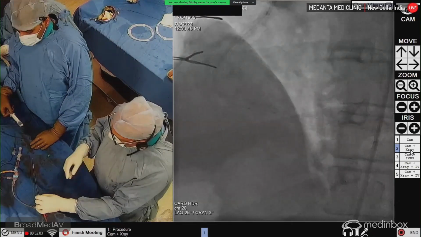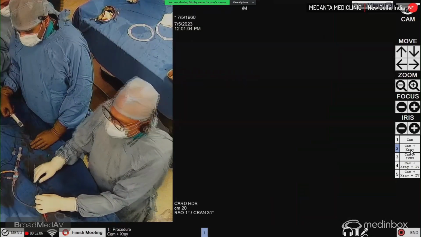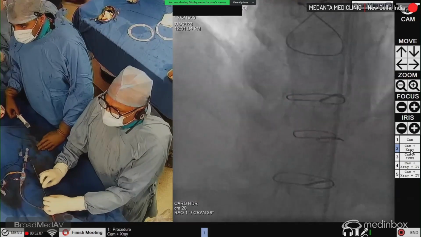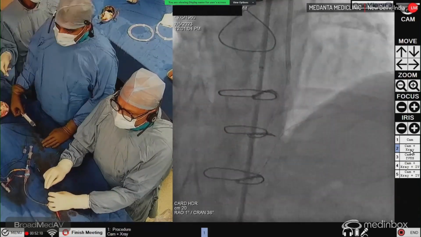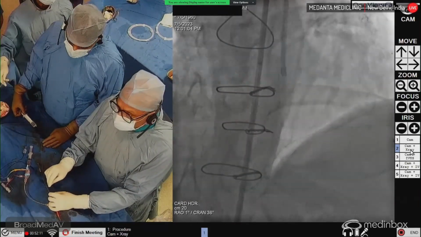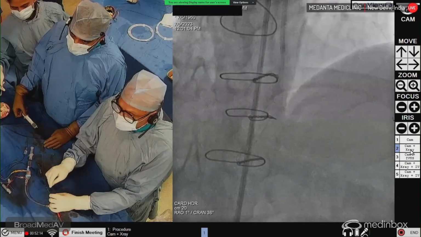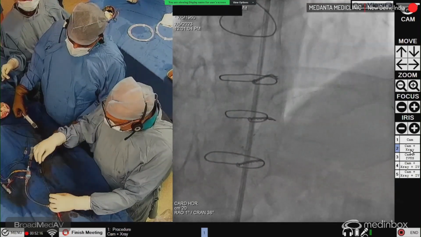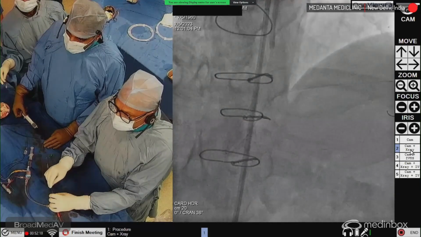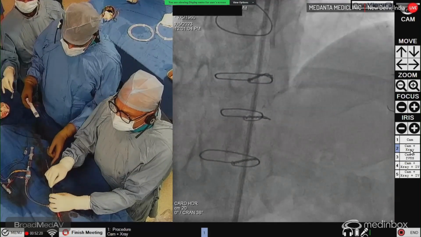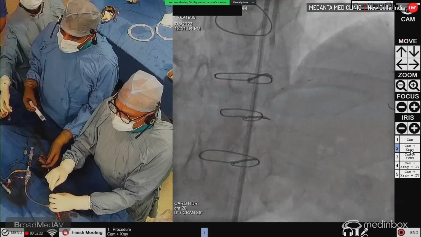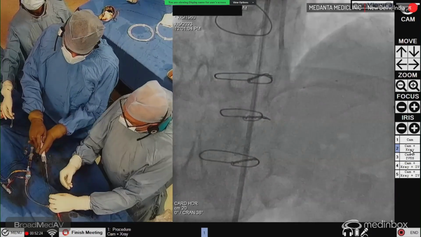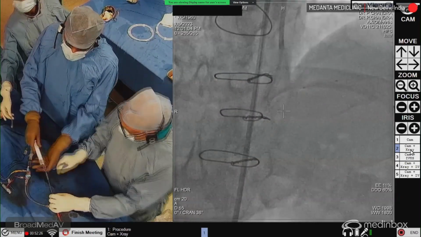Okay, come to this view. Ilio-cranial. Okay, so I'll push the guide extension a little bit so that we don't keep losing support. And here we are needing some support. Okay, fine. So we are in the distal part.